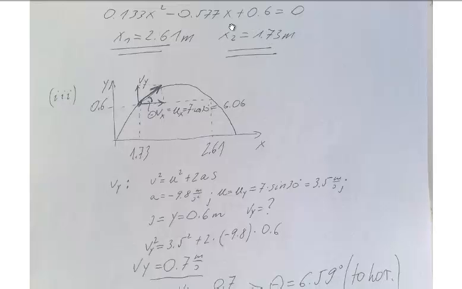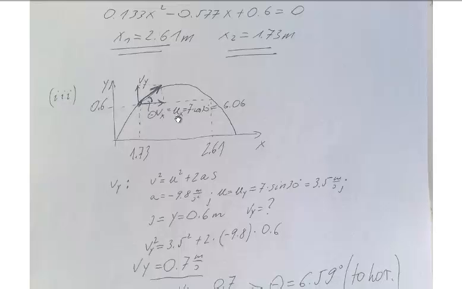We calculated it before. We have to find the direction at this point. Here it's rising, and for this theta we need Vx and Vy.